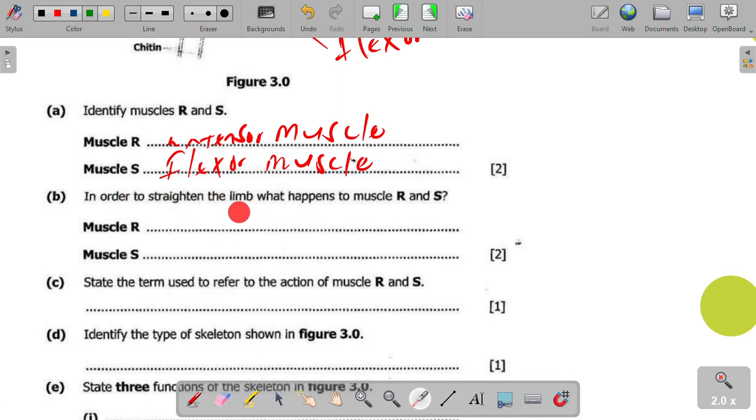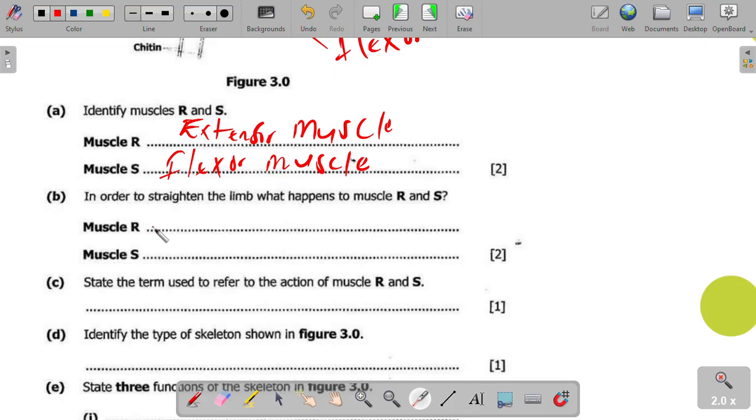In order to straighten the leg, what happens to muscle R, extensor muscle, and S, flexor muscle?